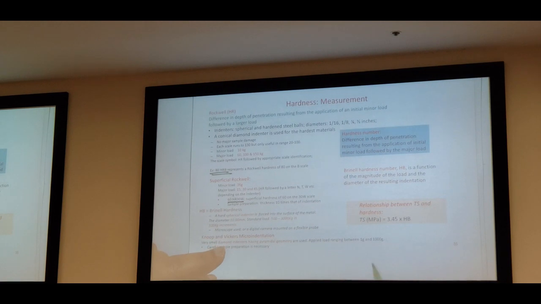How do you know what test to use for certain materials? You can use different methods, but converting between these two is a little bit difficult. What you are doing is determining a difference in depth, and it's easier to determine that difference in depth than the depth from the top to the region.